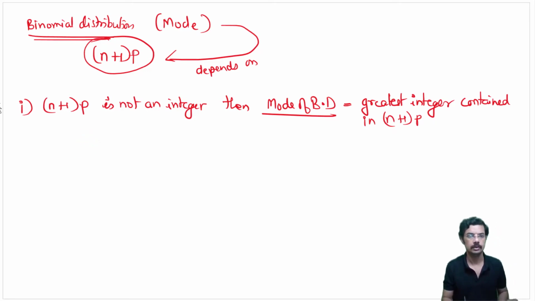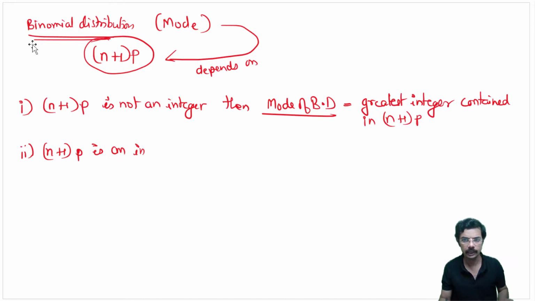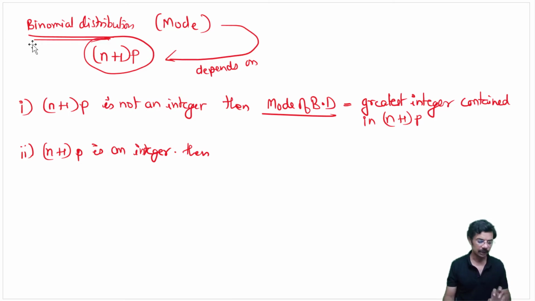Now the second case: if (n plus 1) into p is an integer. There are only two possibilities: it is either an integer or a non-integer. If it is not an integer, the mode is the greatest integer contained in it, and the distribution is unimodal, with one mode. But if (n plus 1) into p is an integer, then there are two modes.